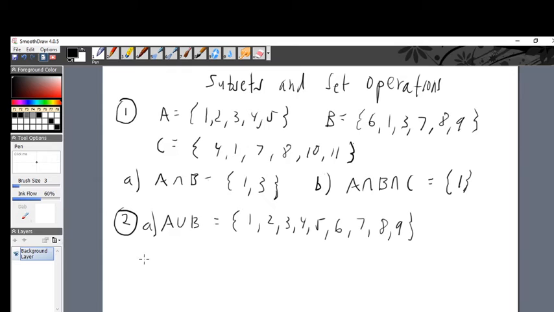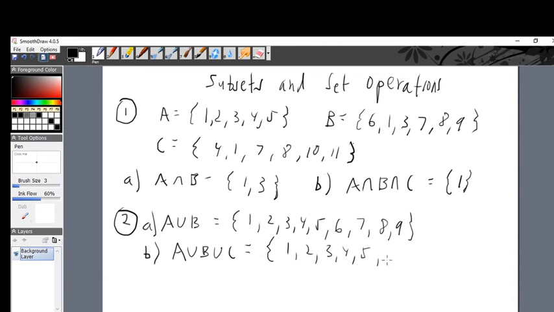All right, what about 2B? Here's my next question. How about A union B union C? That means we'll take you no matter which set you're in. So of course 1, 2, 3, 4, 5 makes it in. So does 6, 7, 8, and 9.